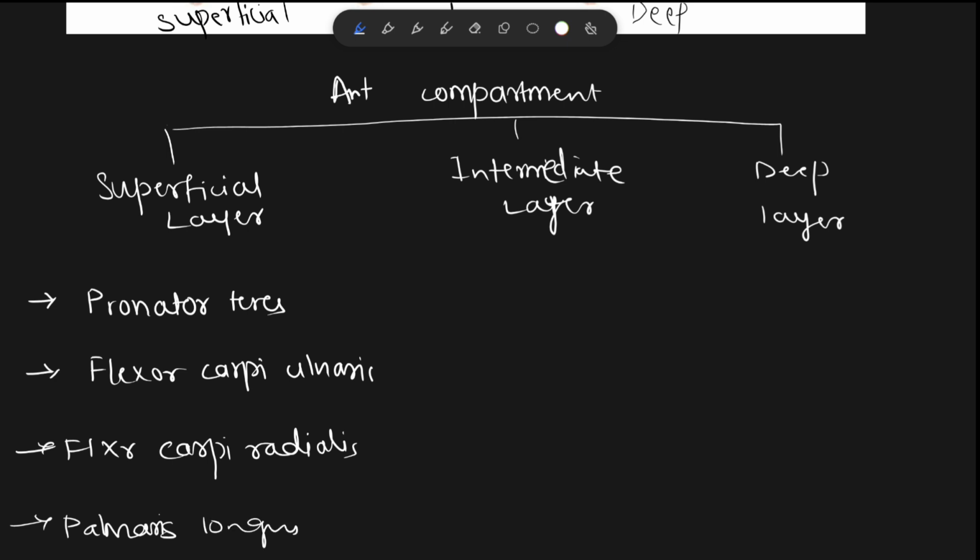Okay, in the intermediate layer, we have only one muscle, that is flexor digitorum superficialis, which will supply our digits. Okay, superficialis.